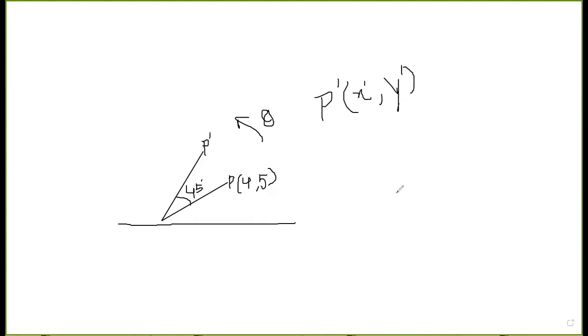You are given a point P and a theta angle that you want to rotate. Now tell the new coordinate or new position of this point P.